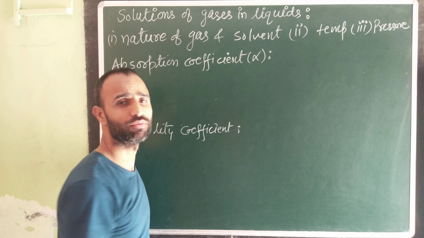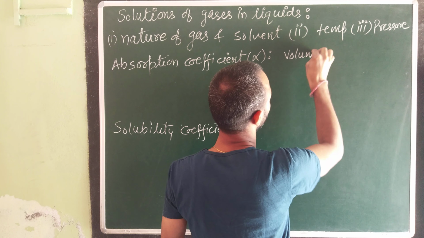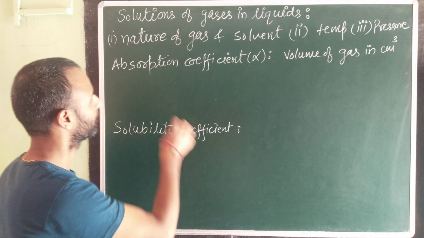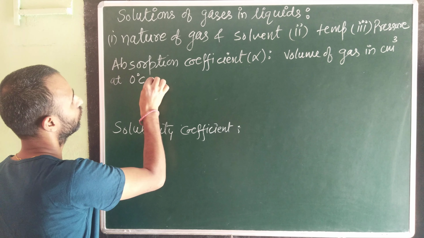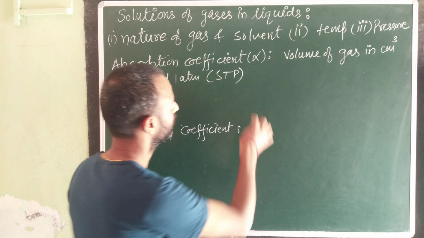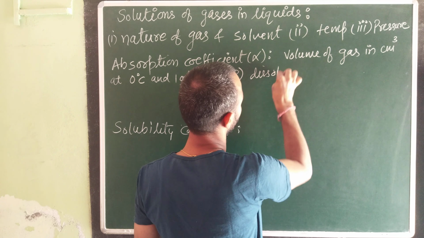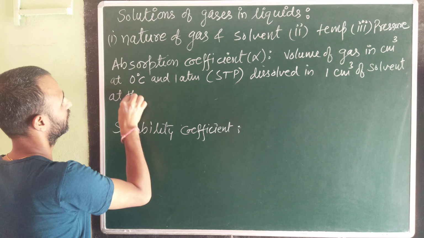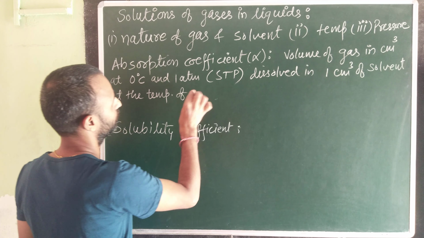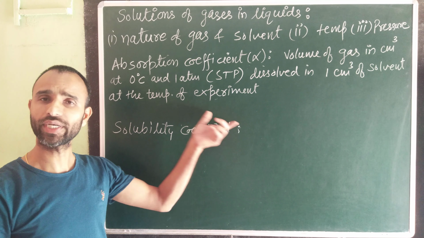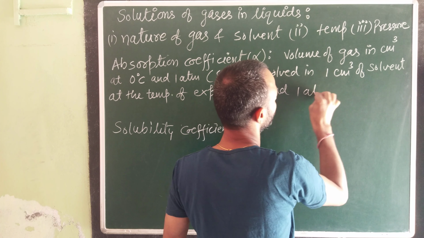Absorption coefficient alpha is defined as volume of gas in cubic centimeter reduced to 0 degrees Celsius and 1 atmosphere pressure, or we can say at STP, dissolved in 1 centimeter cube of solvent at the temperature of experiment, or the temperature at which dissolution takes place, and 1 atmosphere pressure.